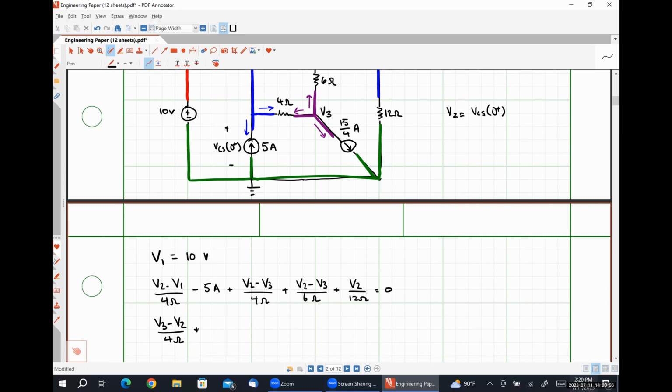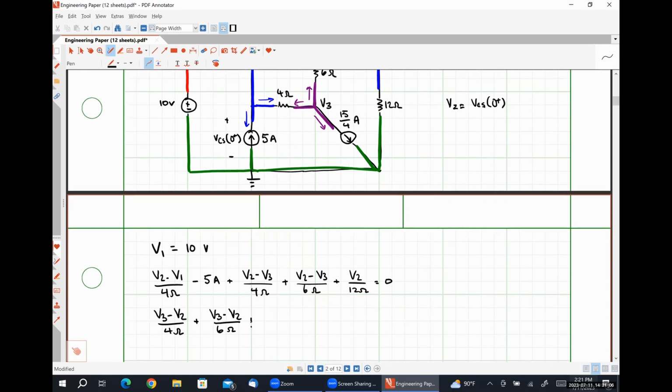The current flowing up through the 6 ohm resistor is going to look like V3 minus V2 over 6 ohms. And lastly, I'm going to add my inductor current of 15/4 of an amp. Set this equal to 0. And now I will solve this system.